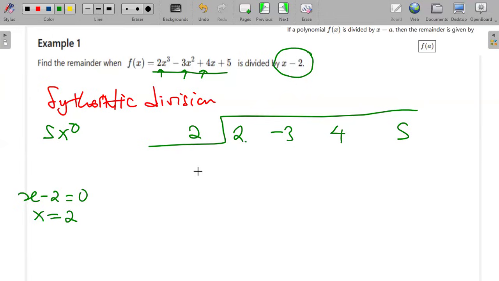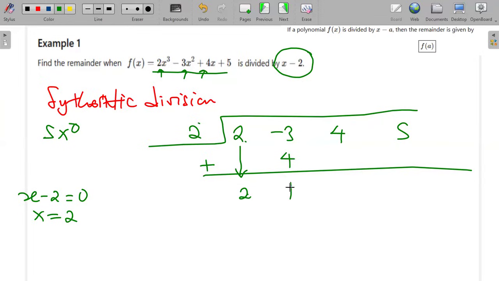The first thing now, I'll draw a line here, and then I'm going to bring down the 2 there. Then here I'm going to put a positive sign. So I bring down the 2, and then 2 multiplied by 2, I'll get 4. You put it there. Then here you're going to add. 4 plus minus 3, that would be 1.